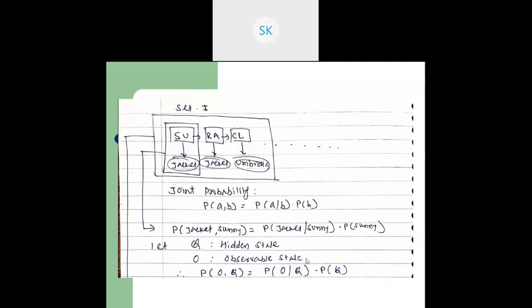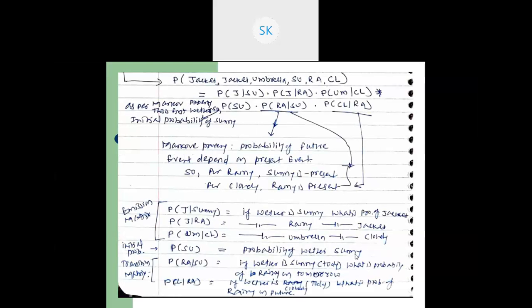Small o i j k is each particular observable state, and small q1, q2, q3 are used for the hidden states. So with the standard notation, O comma Q is equal to probability of O by Q into probability of Q. So jacket and sunny joint probability is equal to probability of jacket by sunny into probability of sunny.